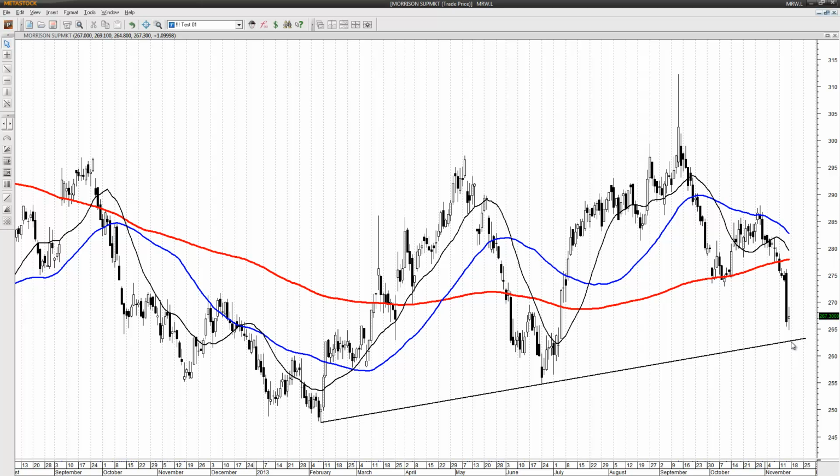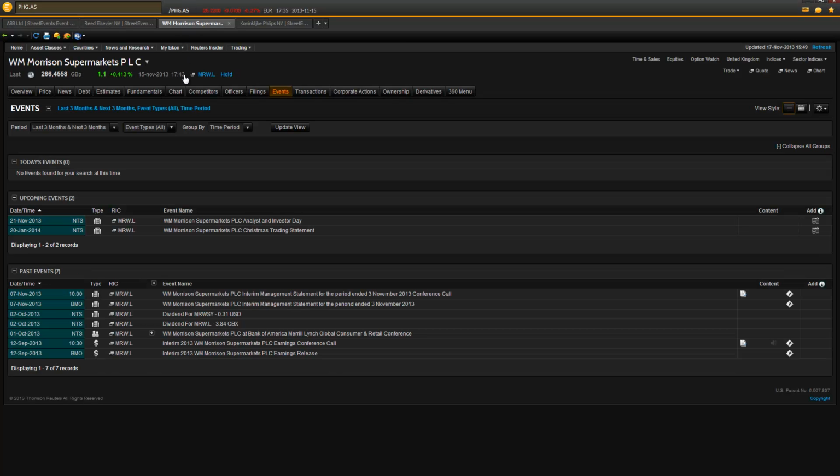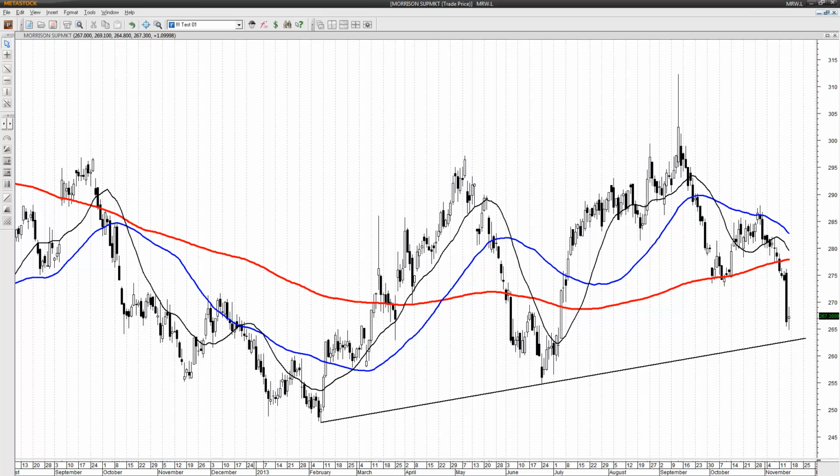When I calculated this before the real video, to get exact numbers, I came out with 264 as the support level I want to use for a long buy limit order. Check if Morrison has any earnings coming out close. No, it hasn't. Okay, take a look at the next chart.